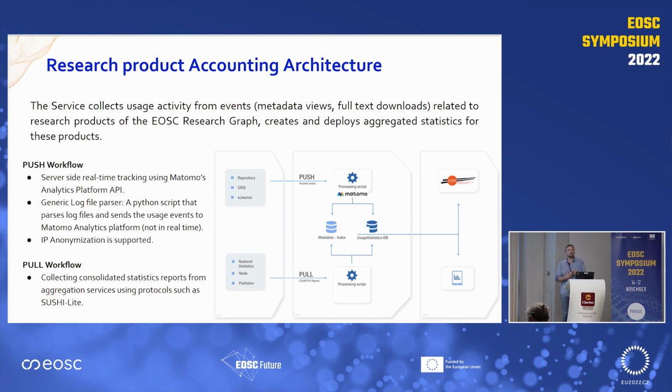From your side, every time an event occurs, you not only keep it in a log, but you send it out to the service, to the central infrastructure. The other way around, which is typical as an interaction between the EOSC accounting for resource products and others who are doing the same activity, and so having similar services, I can mention many, Make Data Count is behind this, is a pull workflow. It's where we are collecting already aggregated data to form further aggregations on our side.